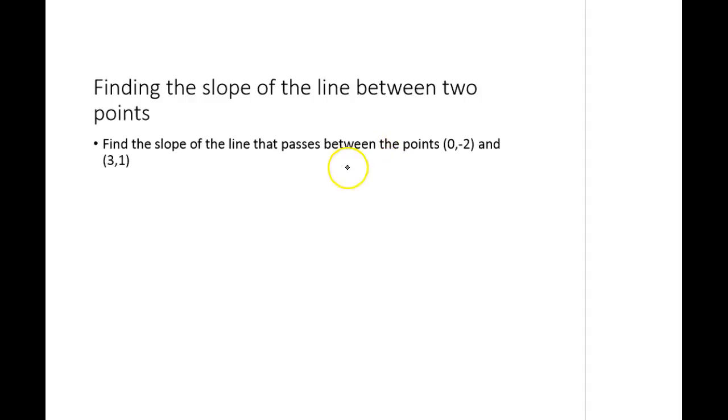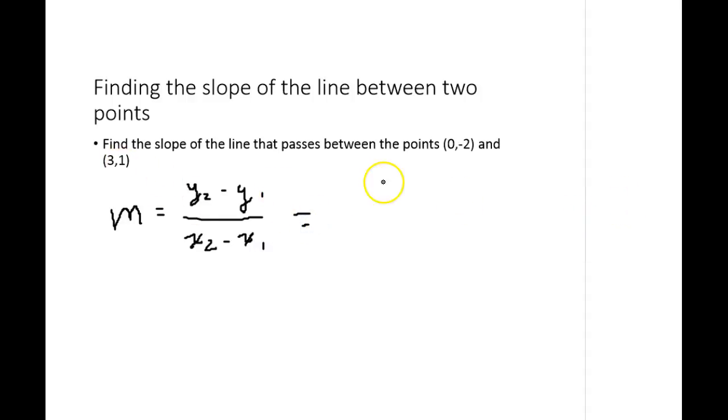Find the slope of the line that passes through the points (0, -2) and (3, 1). All right, m equals y2 minus y1 over x2 minus x1. So what was my second y?